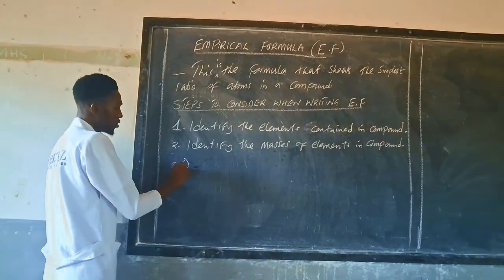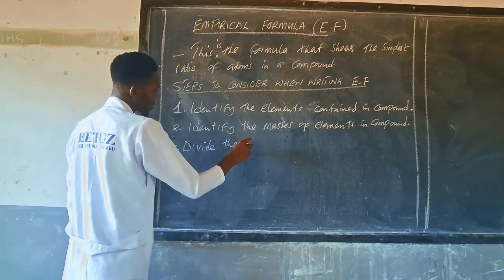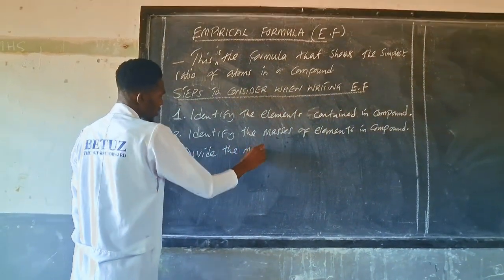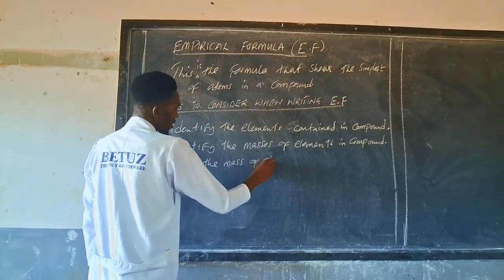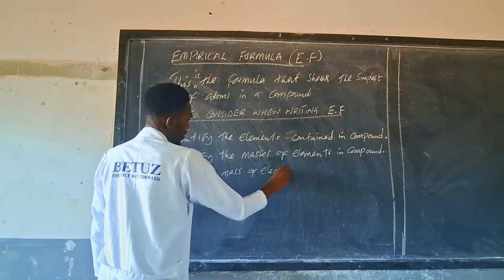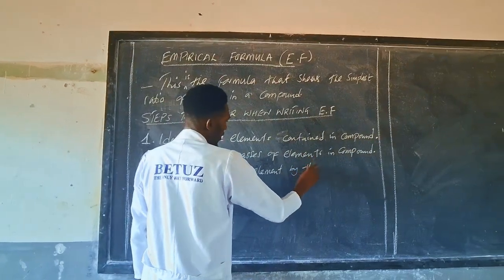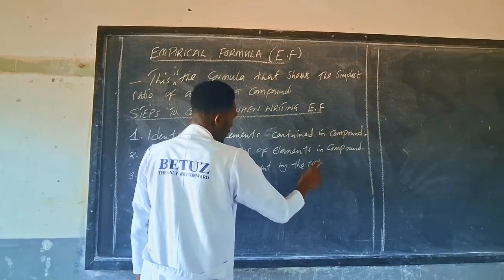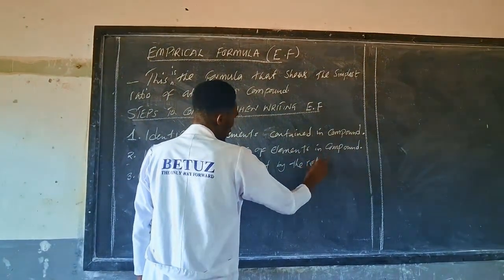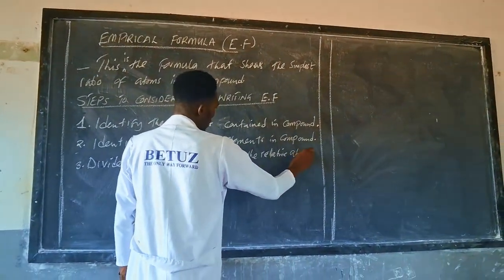So then we are saying divide the mass of the element by the relative atomic mass.